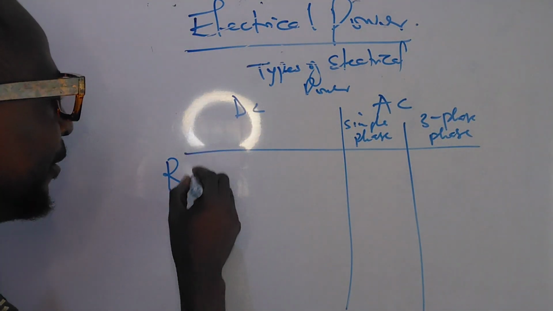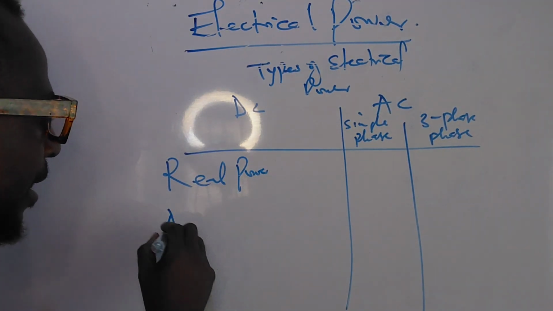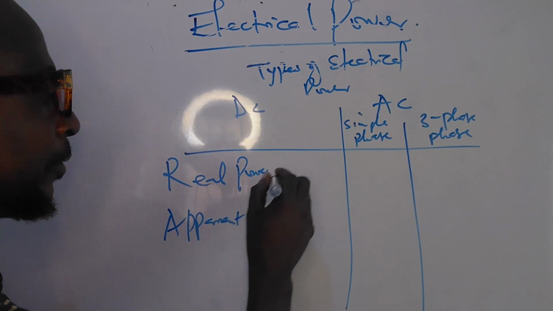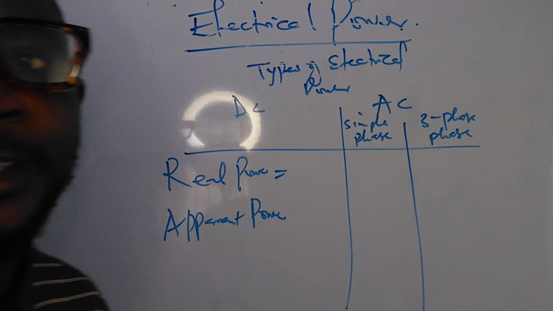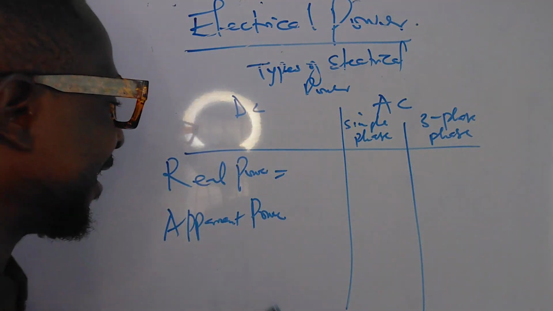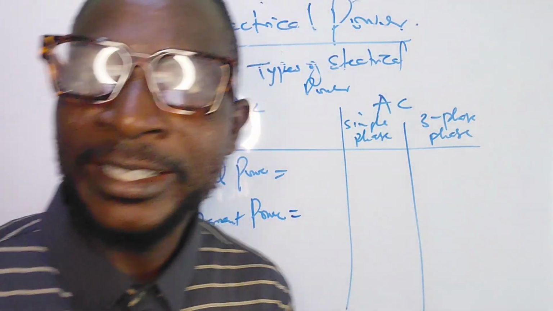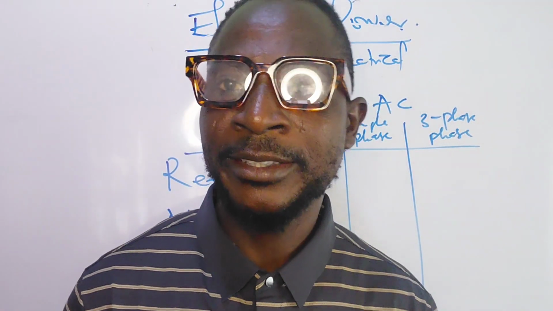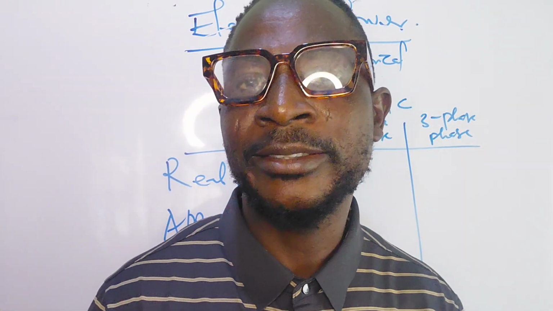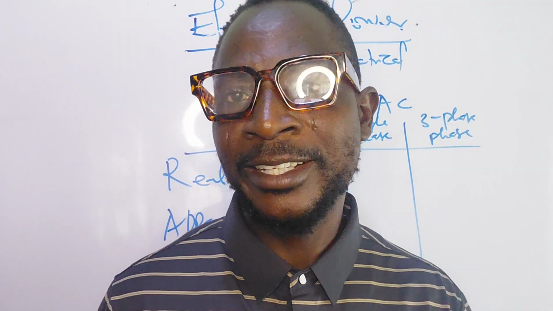We are discussing it with reference to real power and apparent power. In DC, there is nothing like apparent power. The apparent power there is equal to real power. Like your battery, the power gotten from it is real power, and the same for your solar panels. So that is the reason you can never see your solar panel rated in volt-ampere.